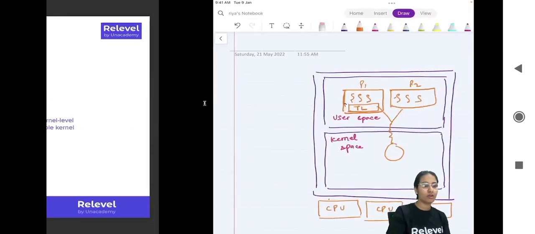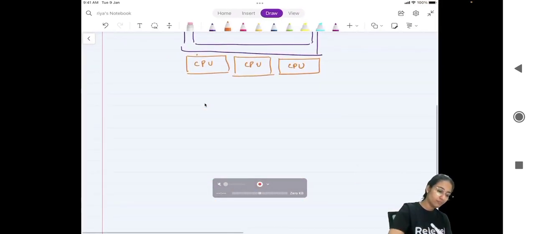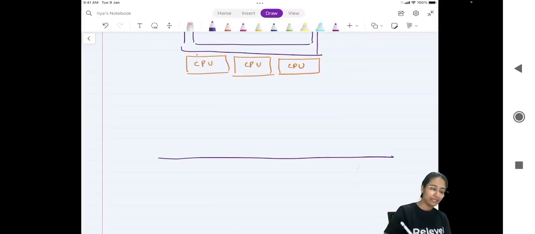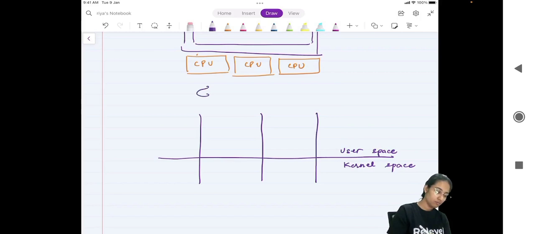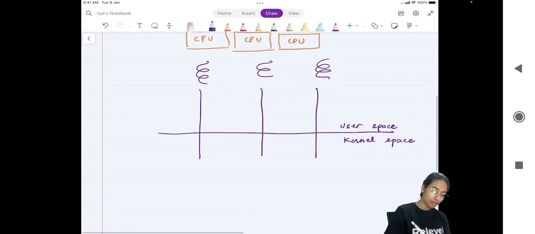So you can also think of it like this, with the same diagram but a slight difference. This is the user space, this is the kernel space, and these are the kernel threads.